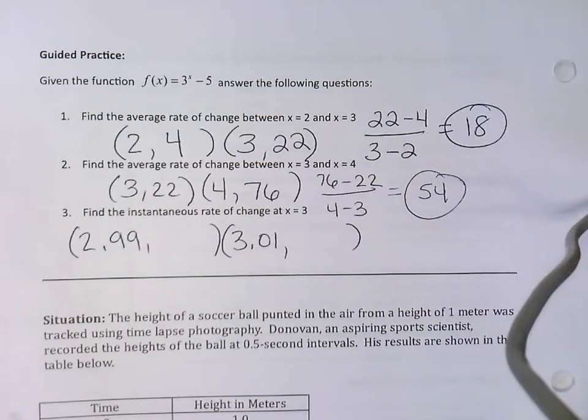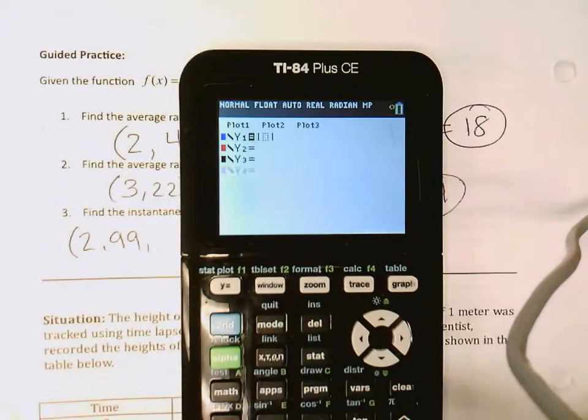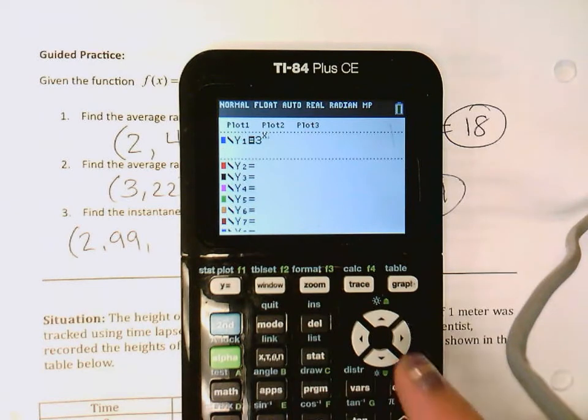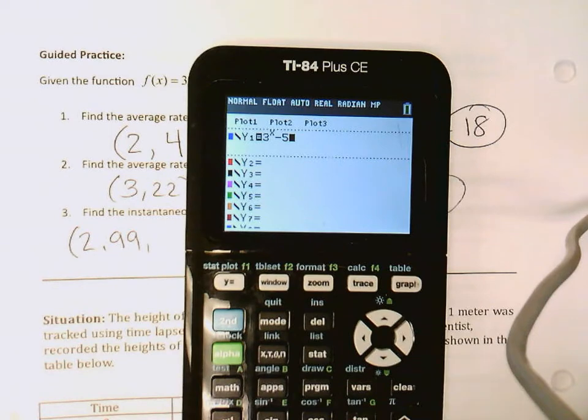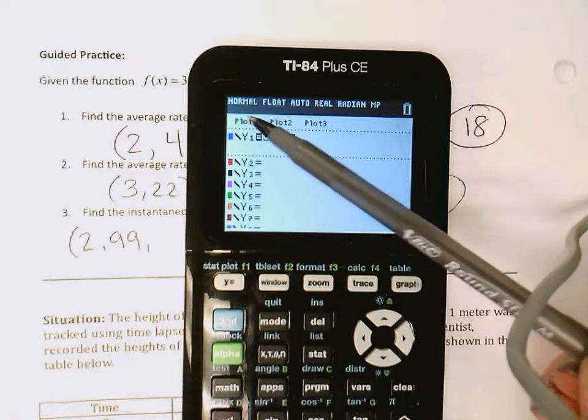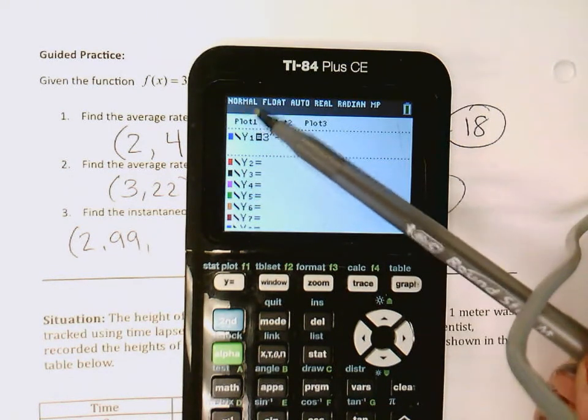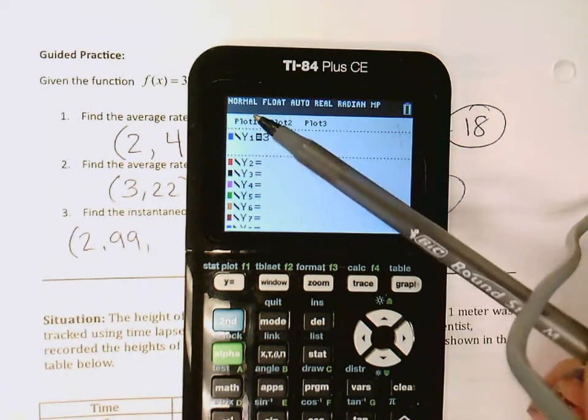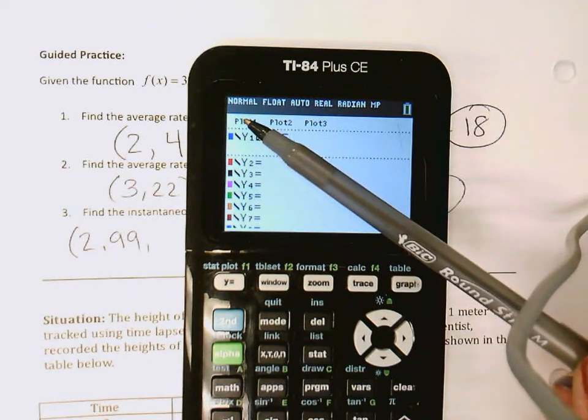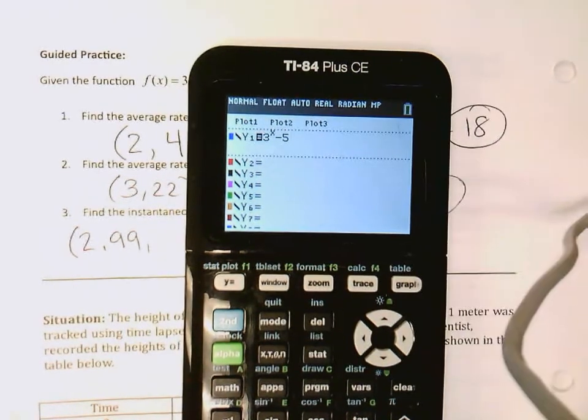So on your calculator, in your y equals menu, you'd want to plug in the function 3 to the x minus 5. And you want to turn off this plot, if that plot is still on from yesterday, by just arrowing up and hitting enter, which will turn it off. So there's your y equals 3 raised to the x power minus 5.